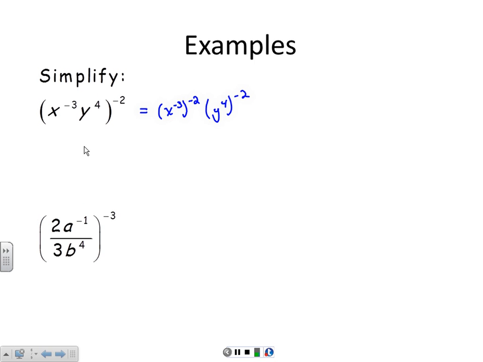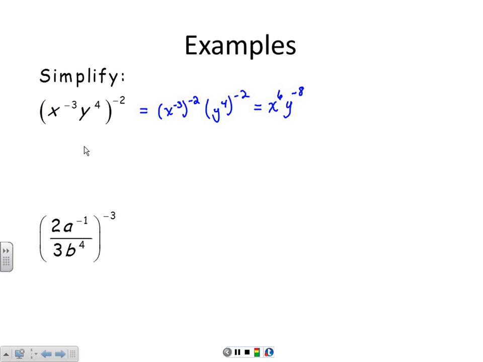So you can see that each factor inside the parentheses gets raised to the negative 2. So then you're going to use your power rule. x to the negative 3 raised to the negative 2 is going to be x to the 6, power to a power you multiply. And then for this one, you're going to get y to the negative 8.